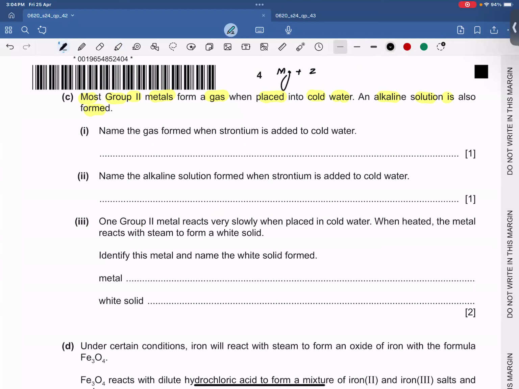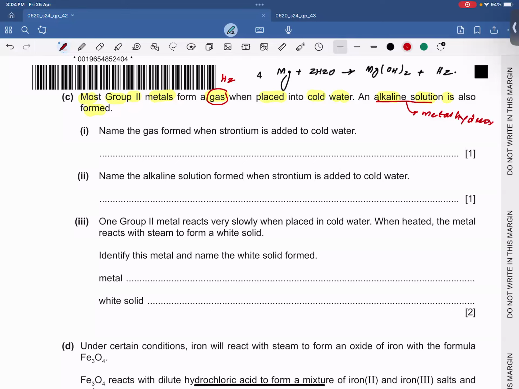React it with cold water, H2O, and it will turn to magnesium hydroxide, which is an alkaline solution, and obviously hydrogen gas is given off. So that gas is basically hydrogen gas, and that alkaline solution is basically metal hydroxides.